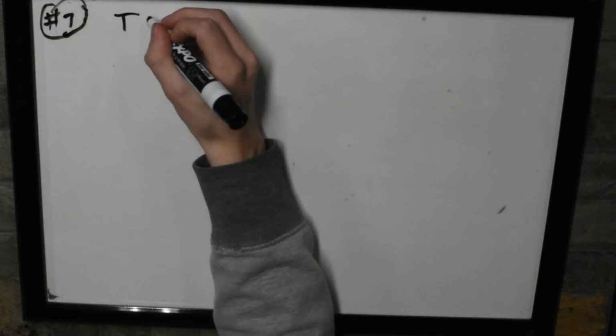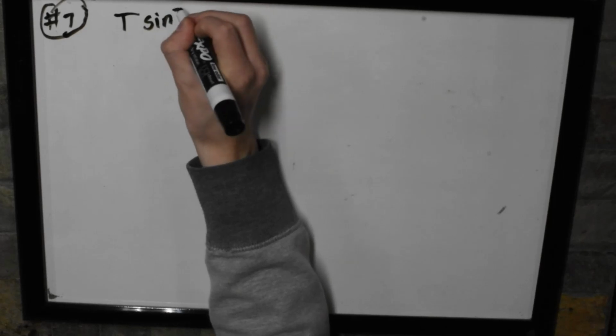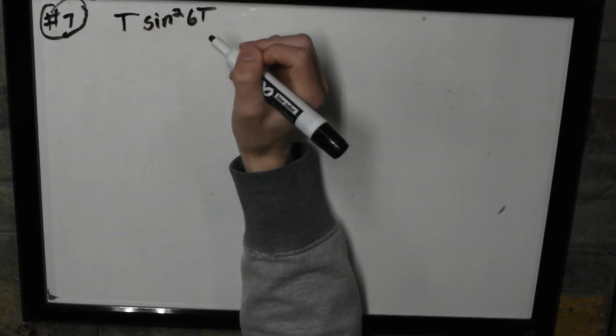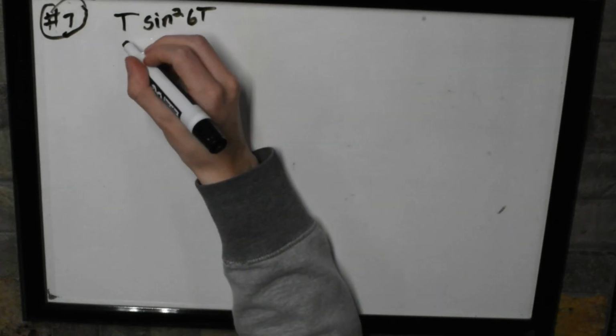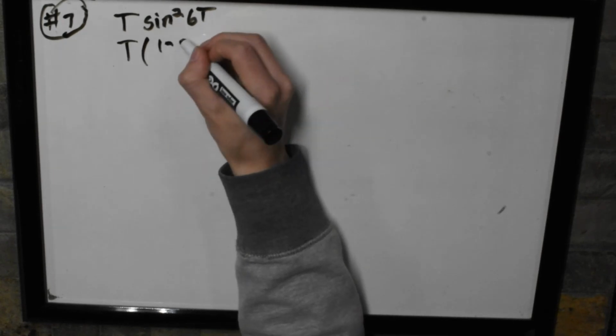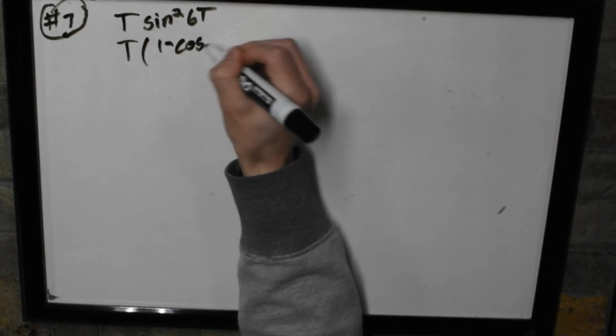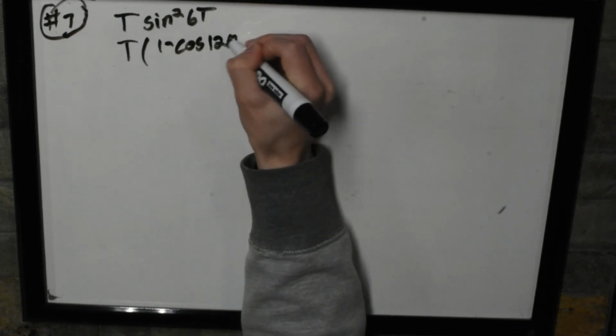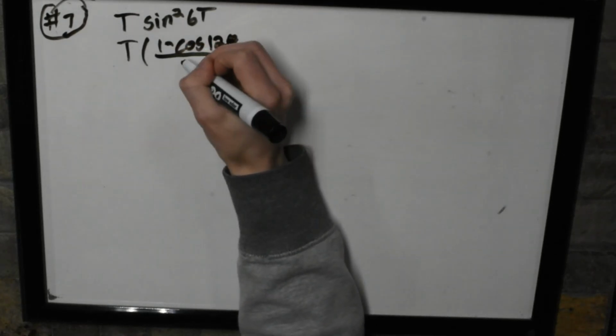Okay, so number 7 is just saying t times sine squared 6t. Okay, well, I think we should use this property. So 1 minus cosine 12t, because it's 2 theta, 2 times 6 is 12, over 2.